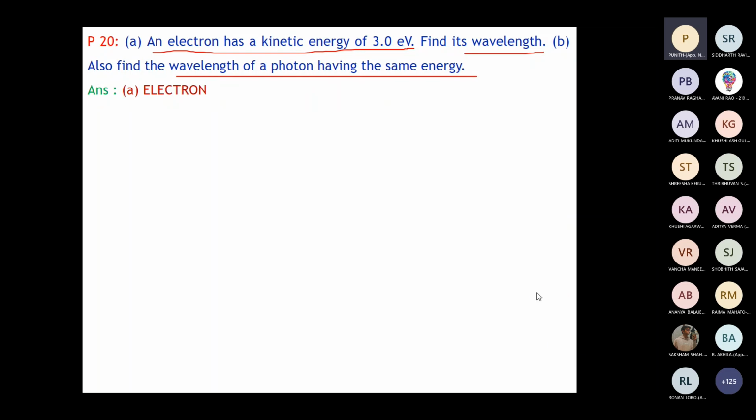What is the answer for part A, the wavelength? Anyone has computed the wavelength?